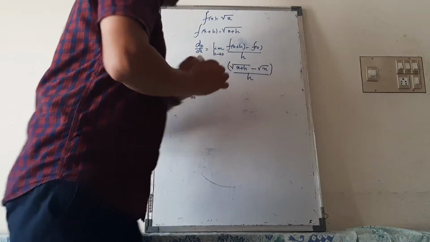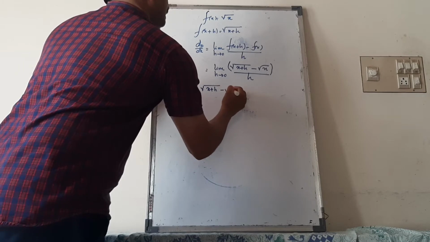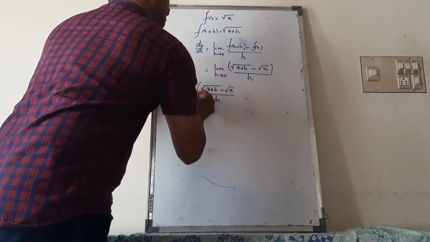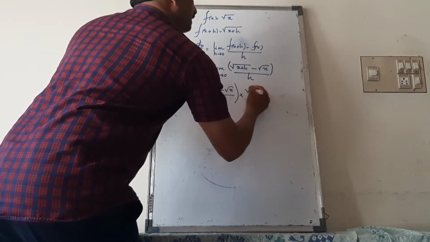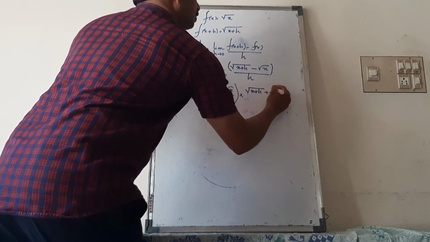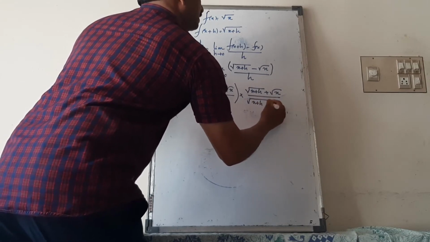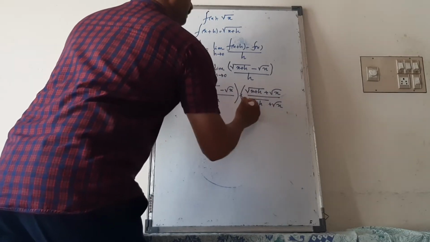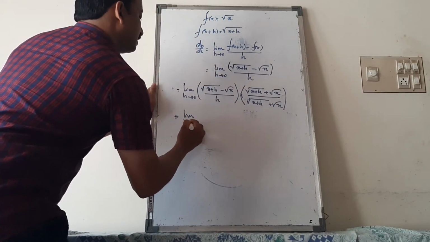You know the conjugate of this term: root of x plus h minus root x the whole divided by h into the conjugate of the radical term, that is root of x plus h plus root x divided by root of x plus h plus root x. That is equal to limit h tends to 0.